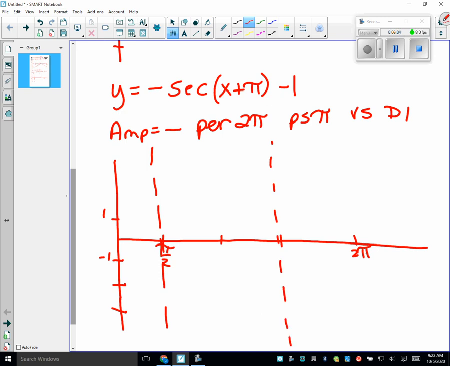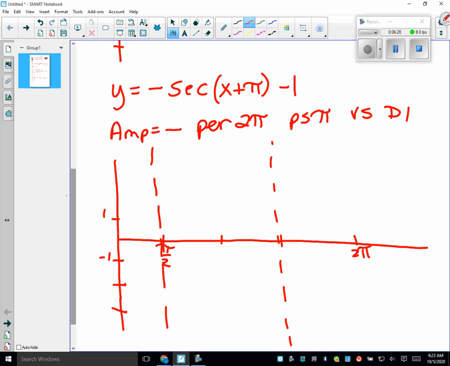Can you give me a point on the graph? 0, 0? And what does it do from 0, 0? Are you sure? It should go down. It's negative.